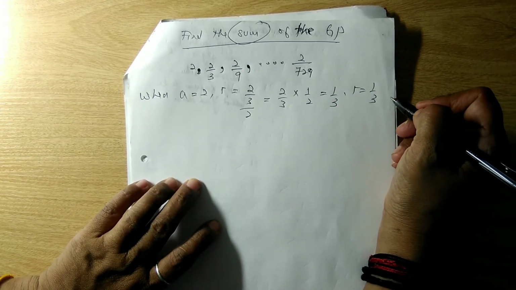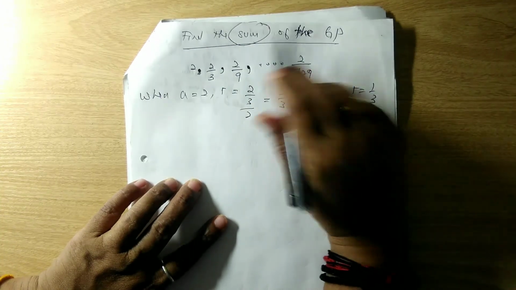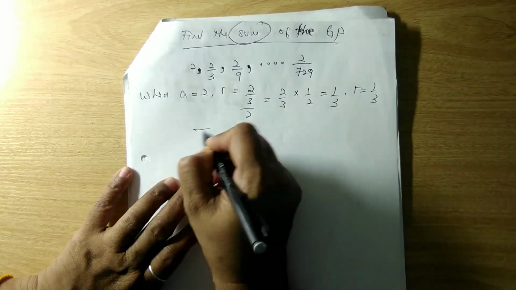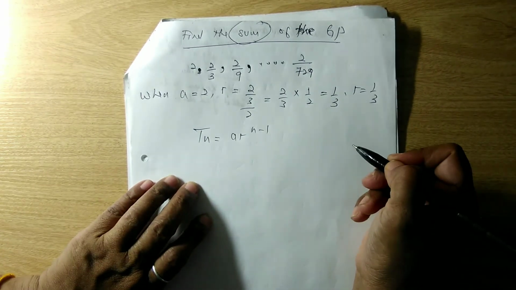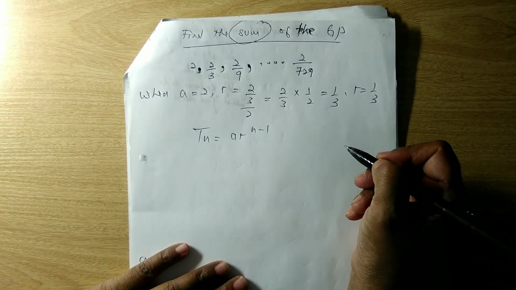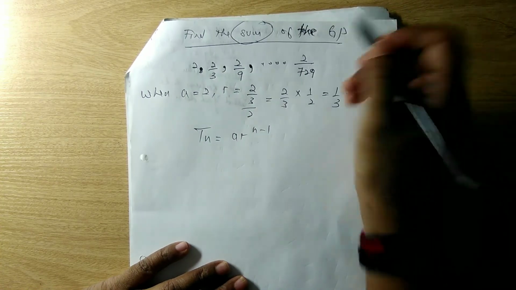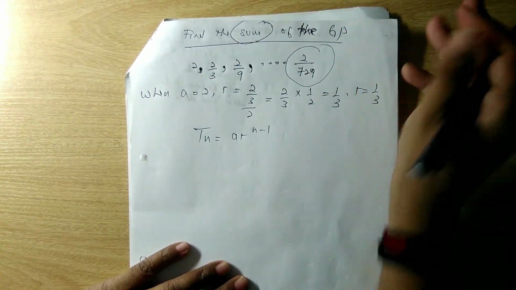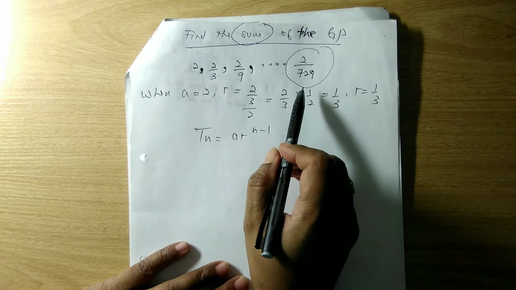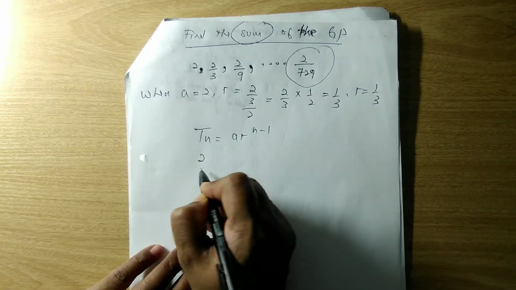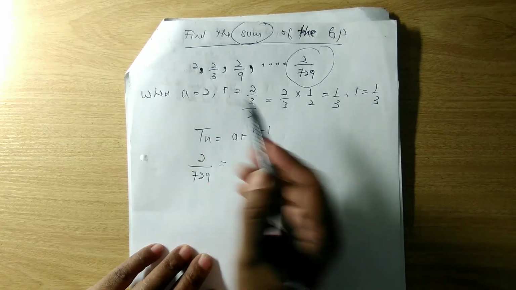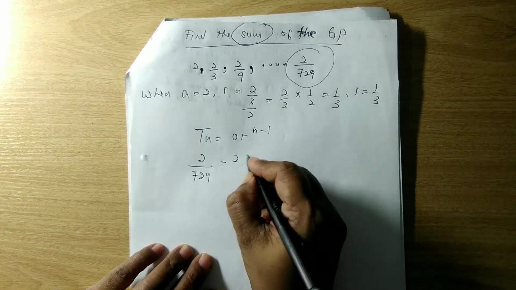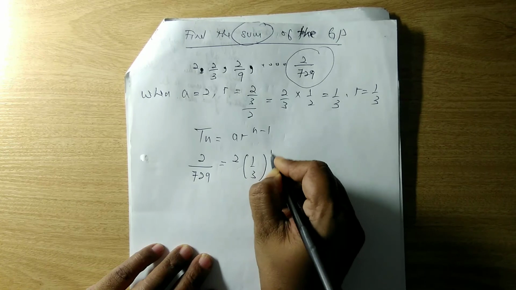Now we need to find our n because we want our sum. So we use this first to get my n. The concepts are almost the same as what we did under arithmetic progression. This is my last term given, my nth term, which is 2 over 729. a is 2, r is 1/3, n minus 1.